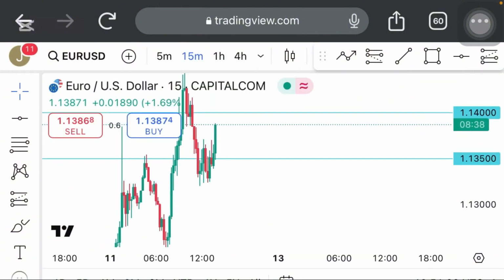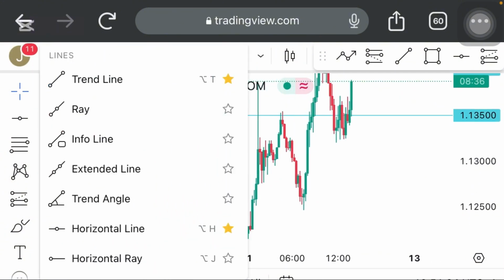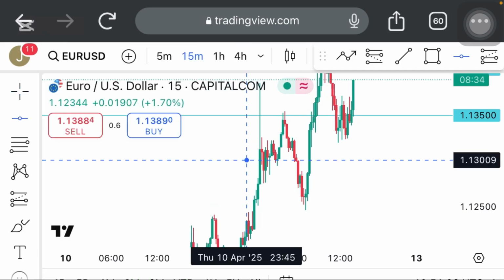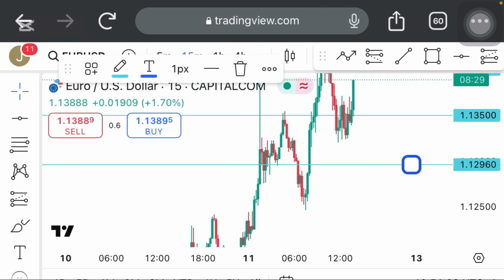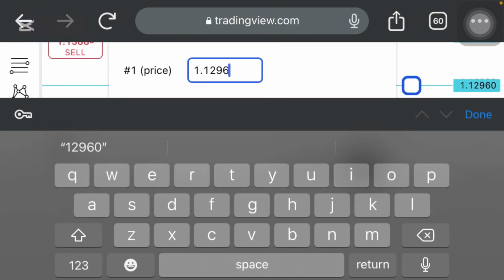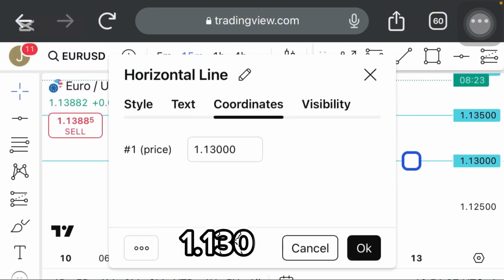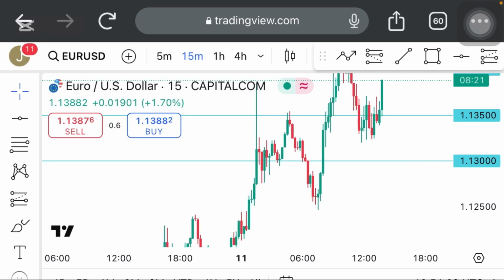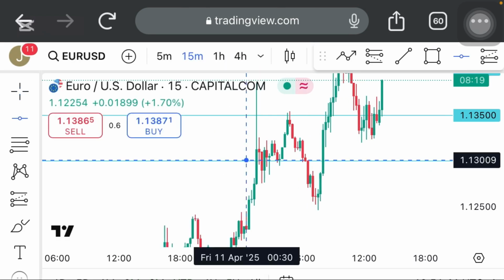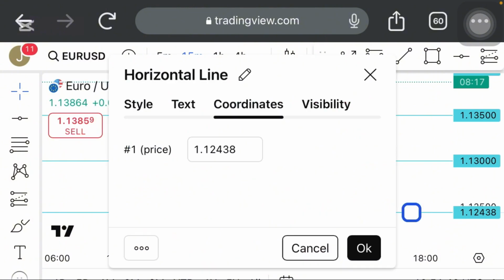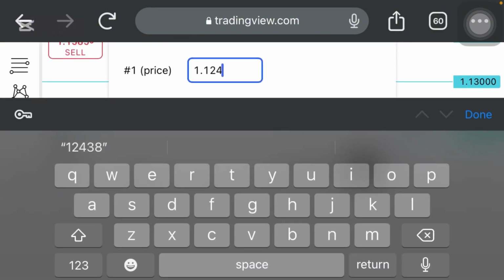So this is psychological level, and if you want to plot it downward side now, that is after 35, that is 30. So that is 1.300. Did you understand the concept? So let's plot one more. 1.325.